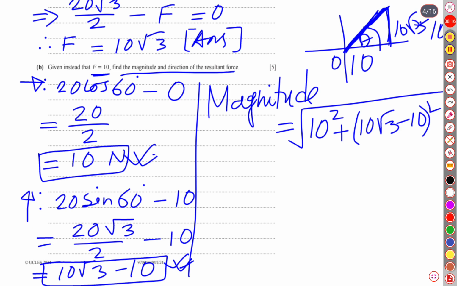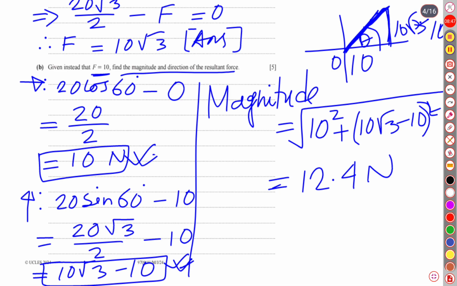Okay, so what will be the result? Let me use my calculator. After using the calculator, we will get square root over 10 squared, meaning 100, plus 10 square root over 3 minus 10 whole squared. It shows that it is nothing but 12.4 Newton. So 12.4 Newton is the magnitude of the force.